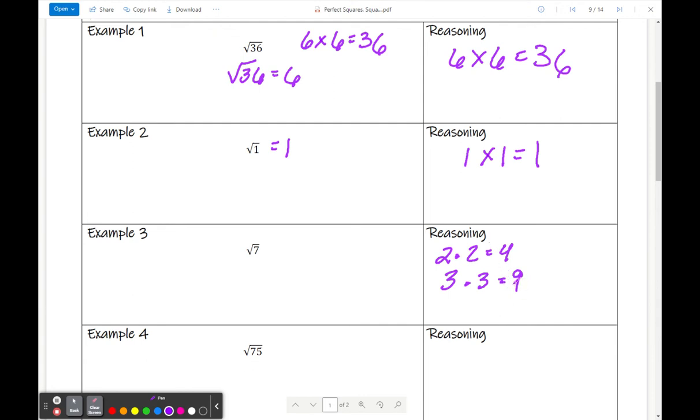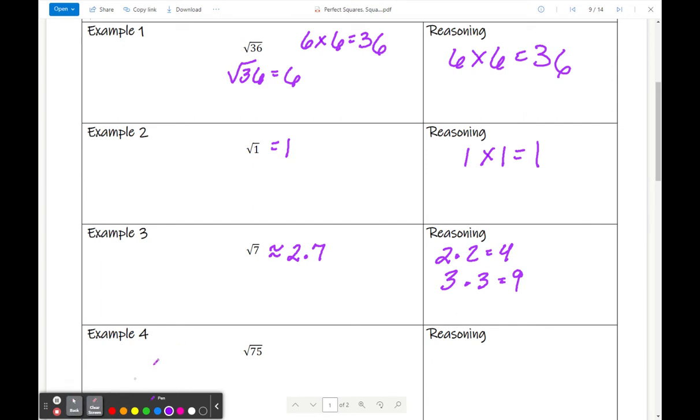Well, 7 would be closer to 9. So it's somewhere around 2.6 or 2.7, something like that, because halfway between 2 and 3 would be 2.5, or 2 and 5/10. And it's a little bit more than halfway.